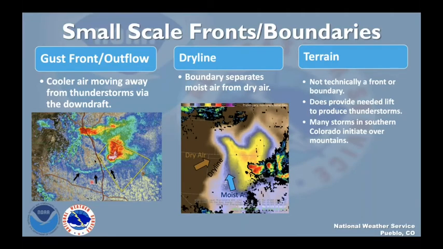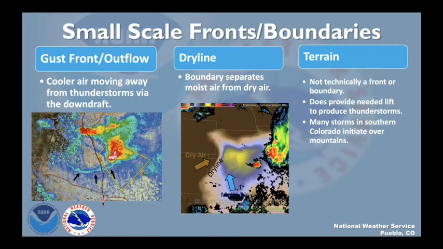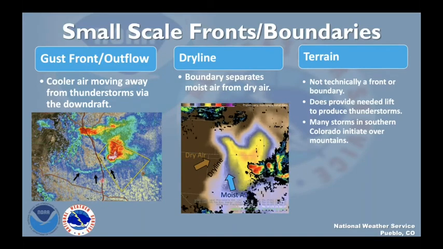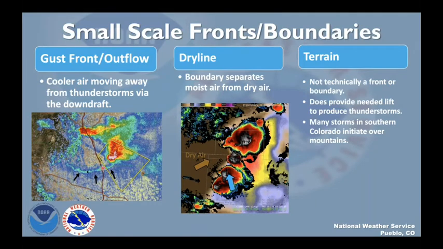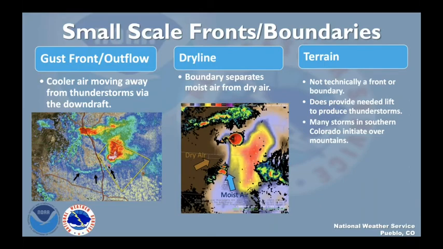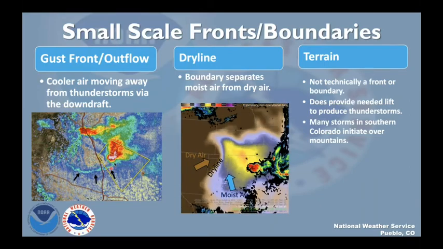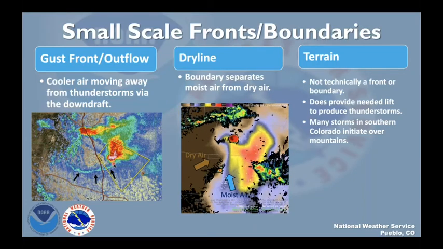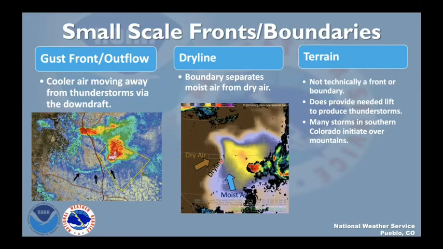Warmer, moist air is right here, cooler air is located right here, and this cool air is pushing down to the southeast. This also helps the thunderstorms continue to develop. If you see this form on your radar, you probably will see some sort of redevelopment of thunderstorms along this line. Generally, probably right here where the storm's already at, but that's how the storm is able to move to the southeast.